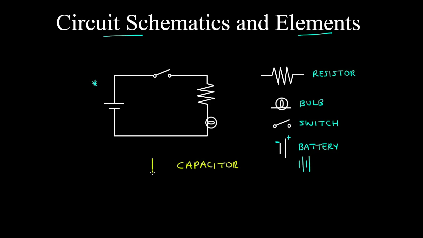So these are represented as two parallel lines of equal length. And recall that the function of a capacitor is to store charge. And when we look at magnetism, you'll also come across inductors. So these are represented using a loop of wire, as shown.